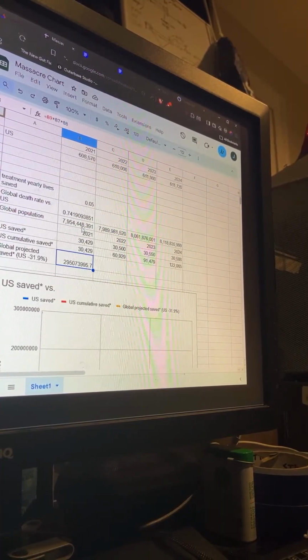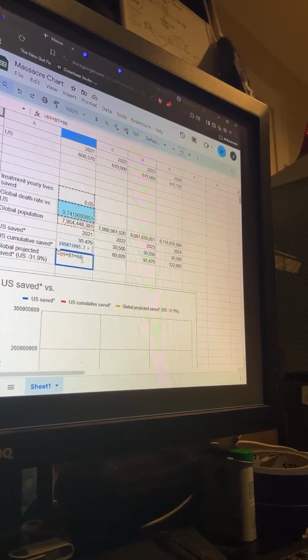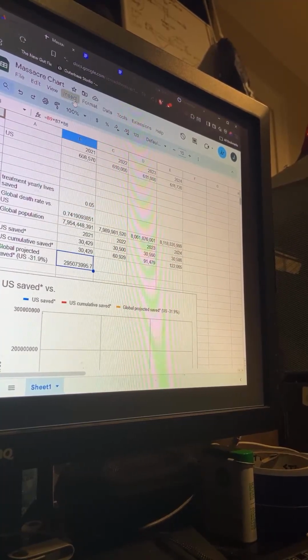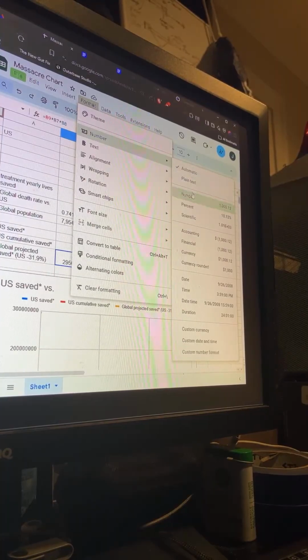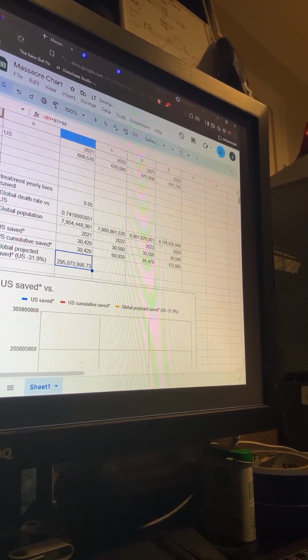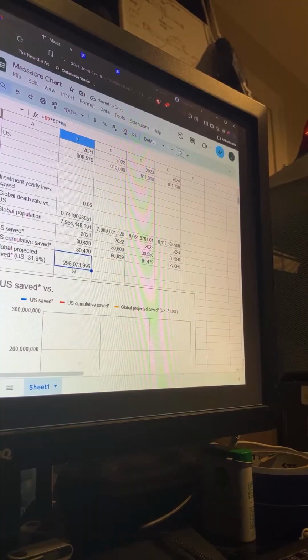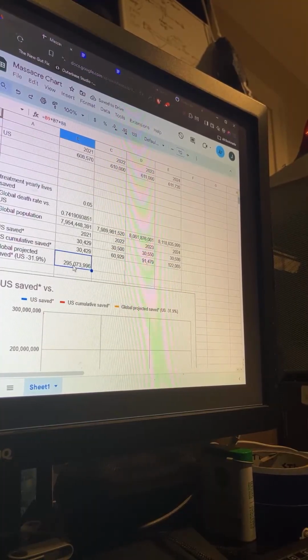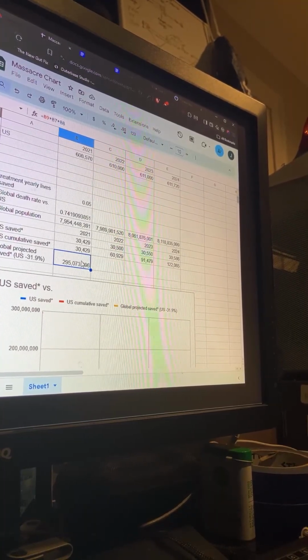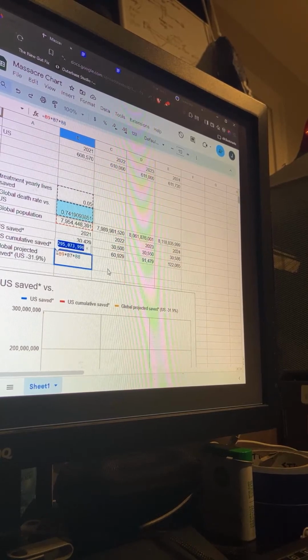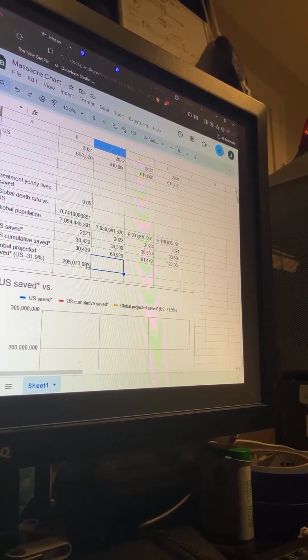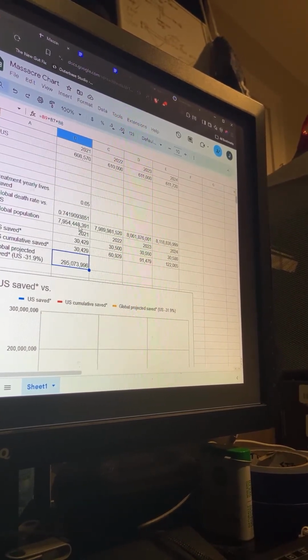So what does this say? Let's see, format number. This was global population, right? So this was the global population.